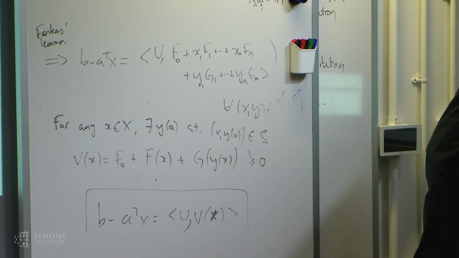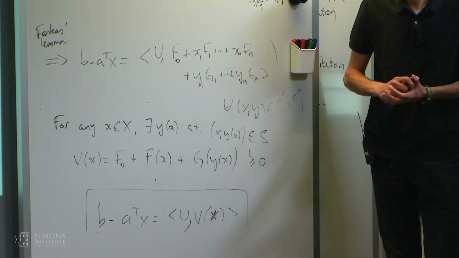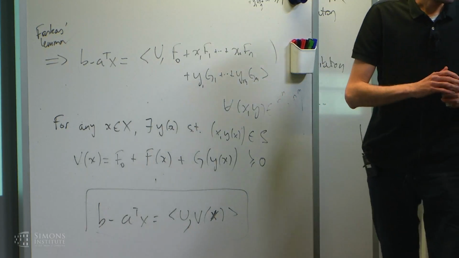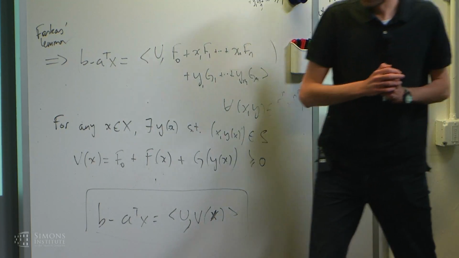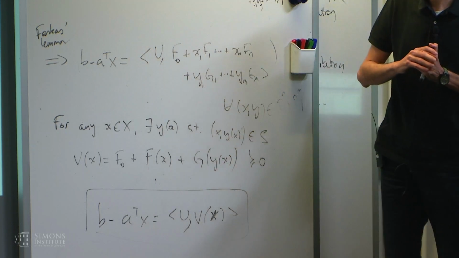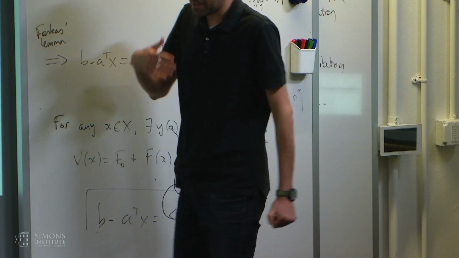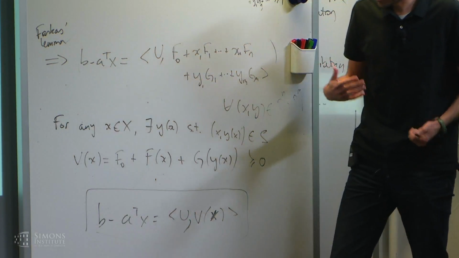So maybe what I want to explain is actually the connection with sums of squares. Pablo and Ankur talked a lot about sums of squares, and I want to explain the connection between lifts of polytopes and sum of squares hierarchies and sum of squares certificates.